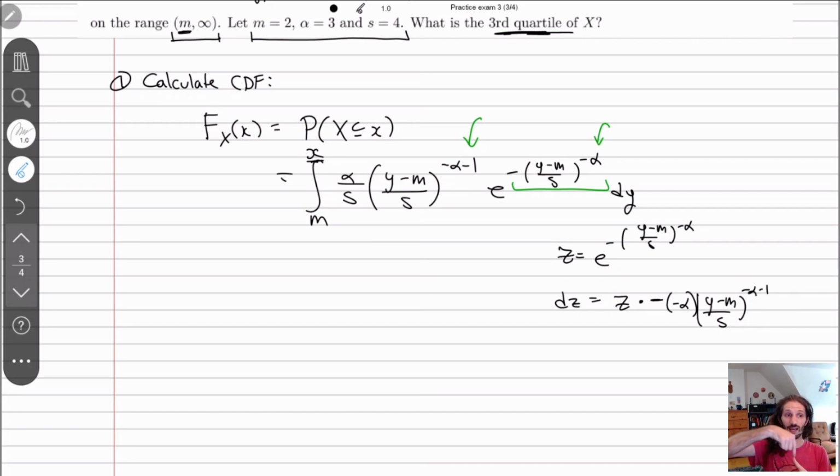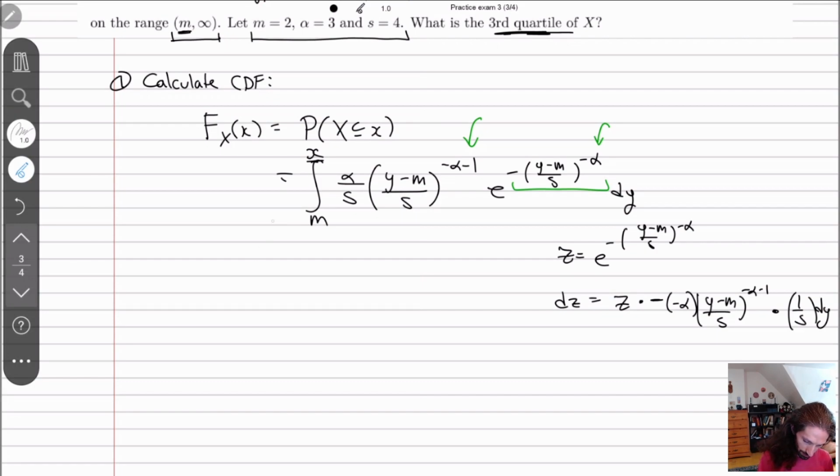But my inside isn't done yet, so I need another chain rule. The derivative of the inside, y over s minus m over s, is just 1 over s, and then dy.